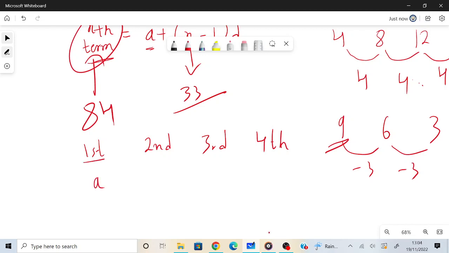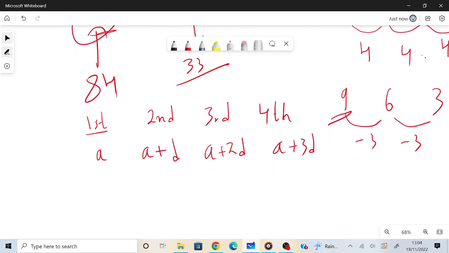Your second term is always going to be A plus D. Your third term will always be A plus 2D. And your fourth term would be A plus 3D. Likewise, your fifth term would be A plus 4D, your sixth term would be A plus 5D, your 99th term would be A plus 98D.